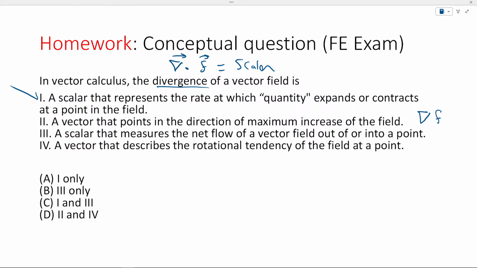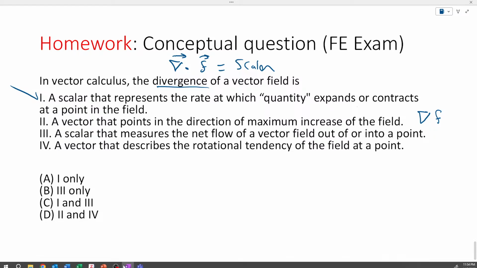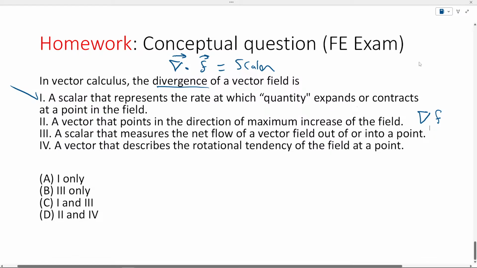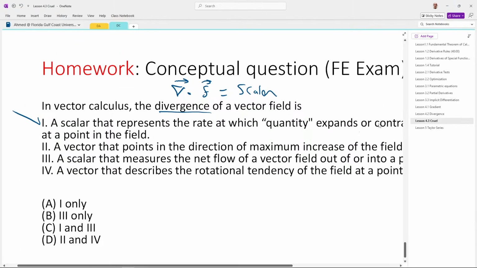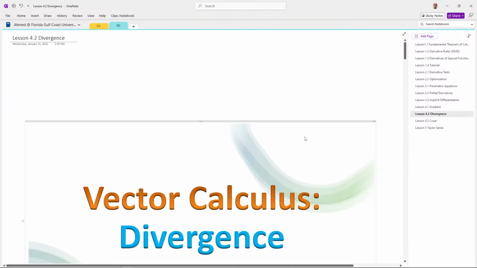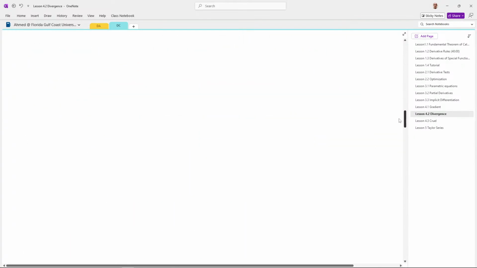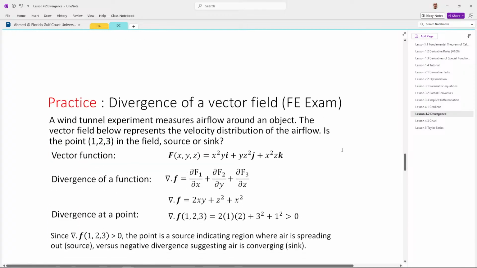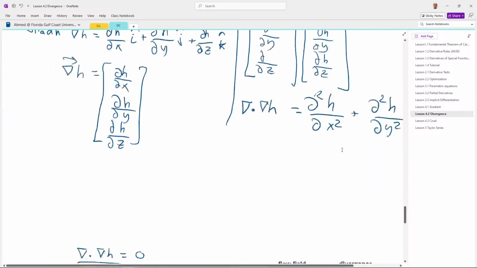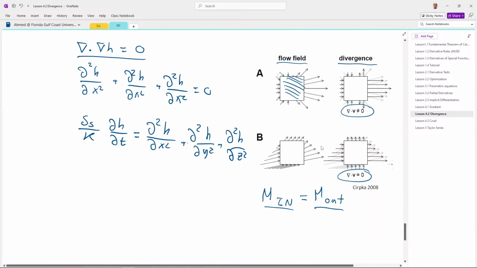A scalar that measures the net flow of a vector field out of or into a point. Yes, remember I showed you this here. So remember in the divergence, we've seen something that looks like this. So this is basically the entering flux and leaving flux.